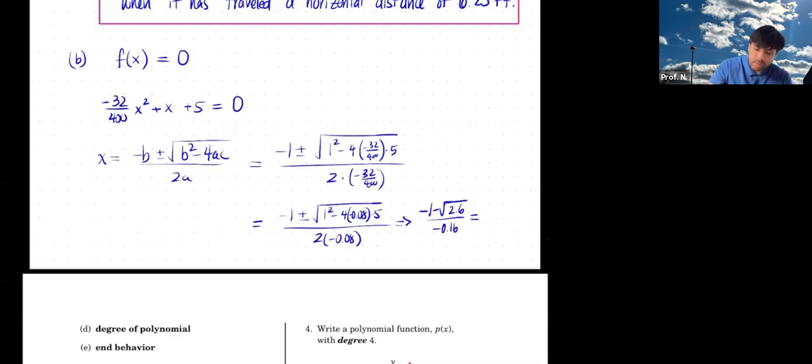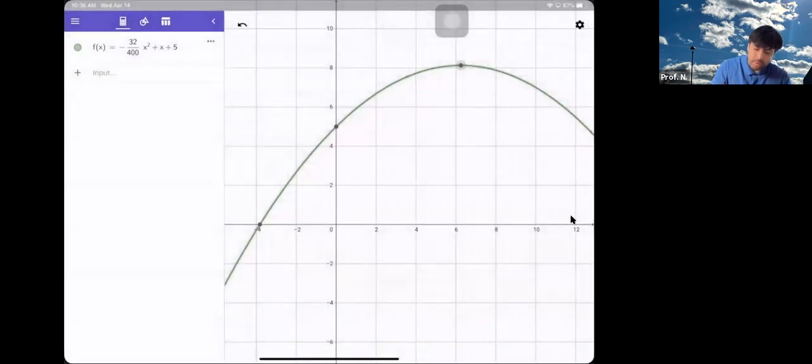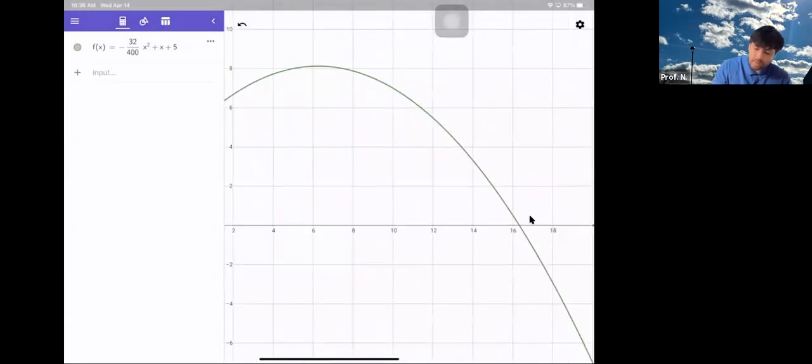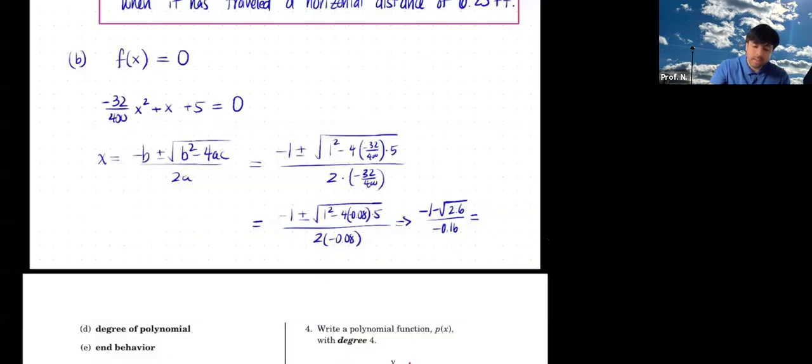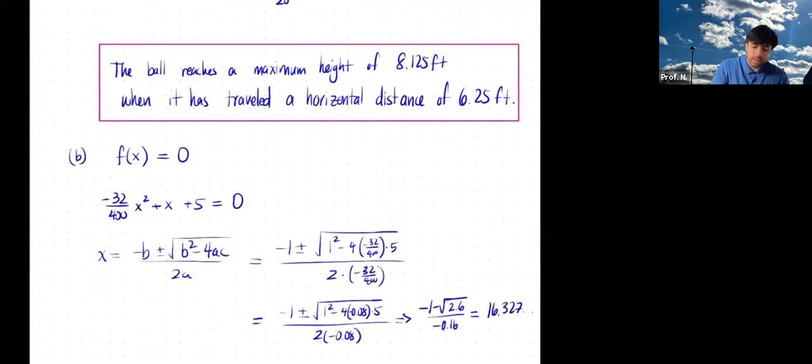Let me just confirm with this guy here. Negative 16.327. That's right. So see, the root here is 16.327. So you can use the graphing calculator to figure out what that root is, or you can use the quadratic formula for that, and you get the same thing. You get 16.327. So then what's the final answer here?